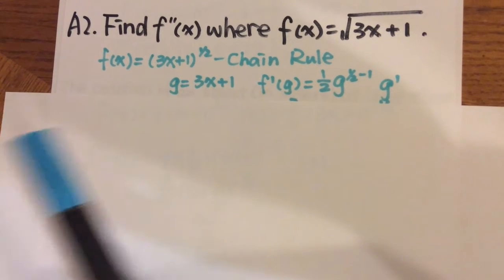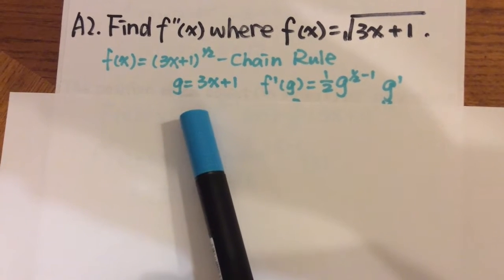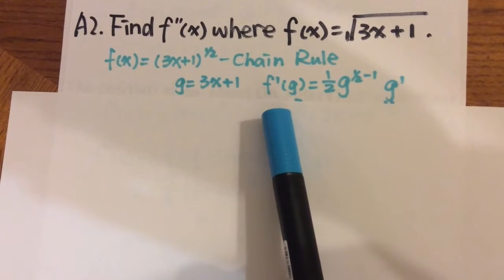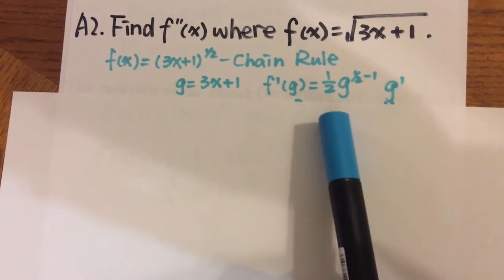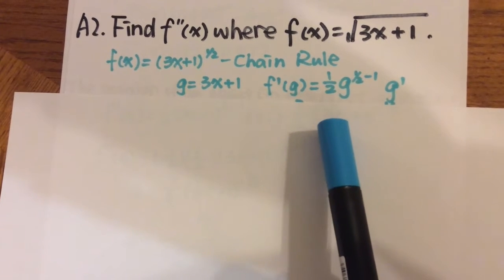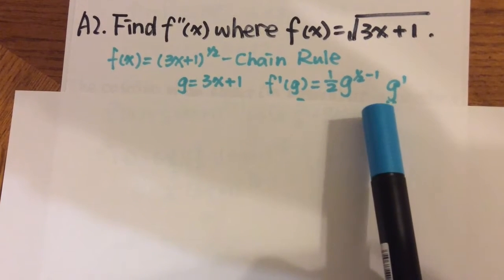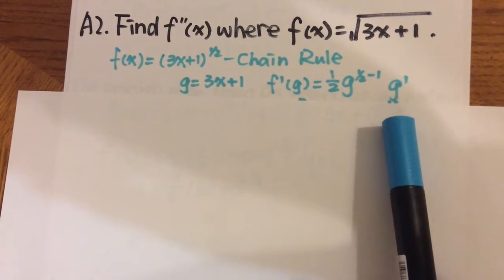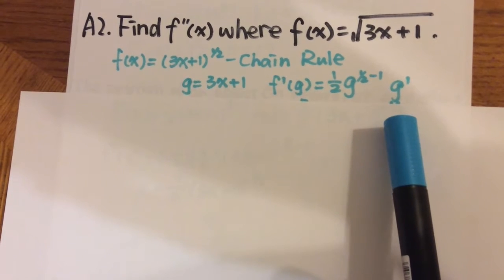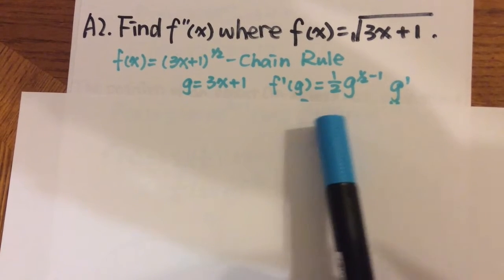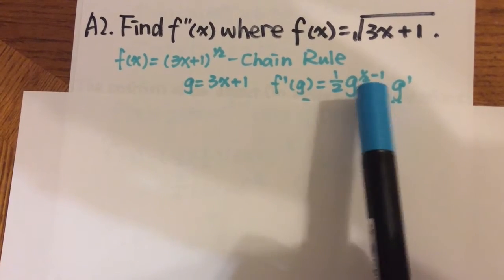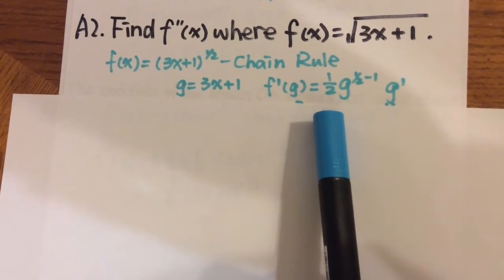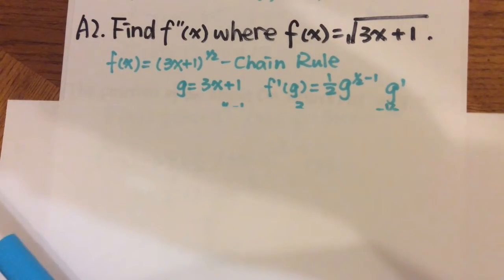Let g equal 3x plus 1, and find the prime of f of g, which is 1 half g to the power of 1 half minus 1, and also we have to multiply by g prime. So this is the chain rule, and in the first step we use the power rule to find 1 half and the power of g.